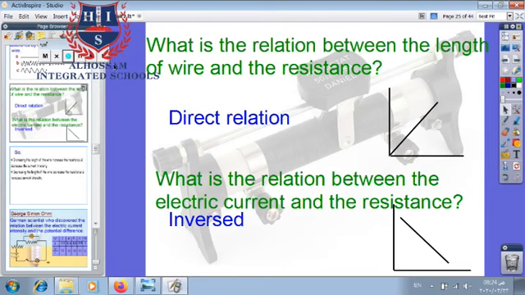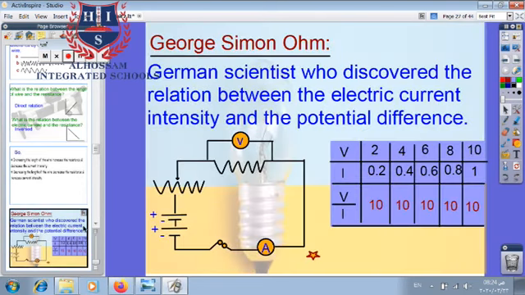And now the last point in our lesson: we will verify Ohm's law. George Simon Ohm, a German scientist, discovered a relation between the electric current intensity and the potential difference. What did he do?